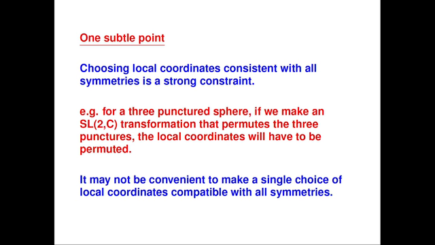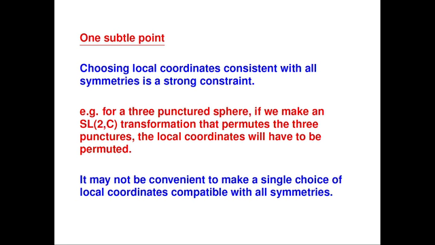For example, if we take a 3-punctured sphere and make an SL2C transformation that exchanges the punctures, typically that SL2C transformation will change the local coordinates. But you have to make sure that local coordinates are chosen in such a way that they are exchanged appropriately under this SL2C transformation. This is possible, but it is a reasonably strong constraint.